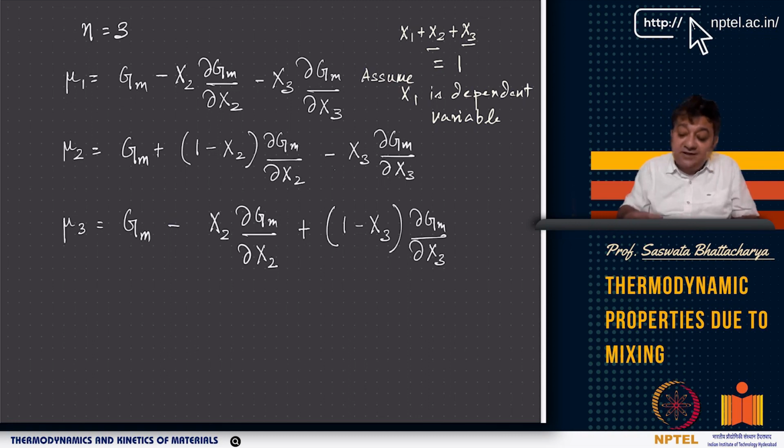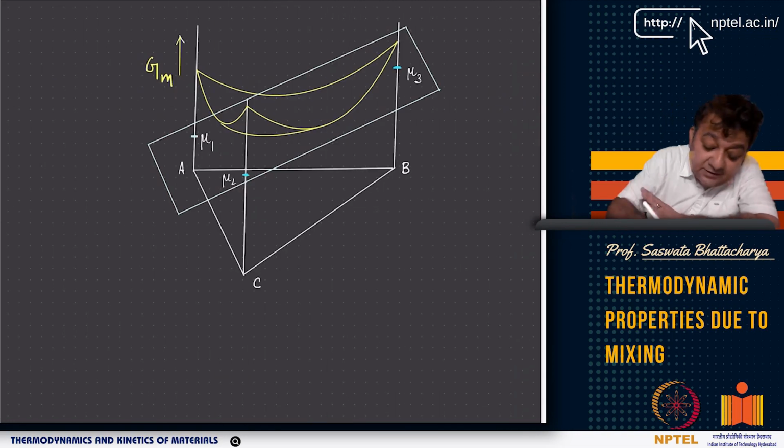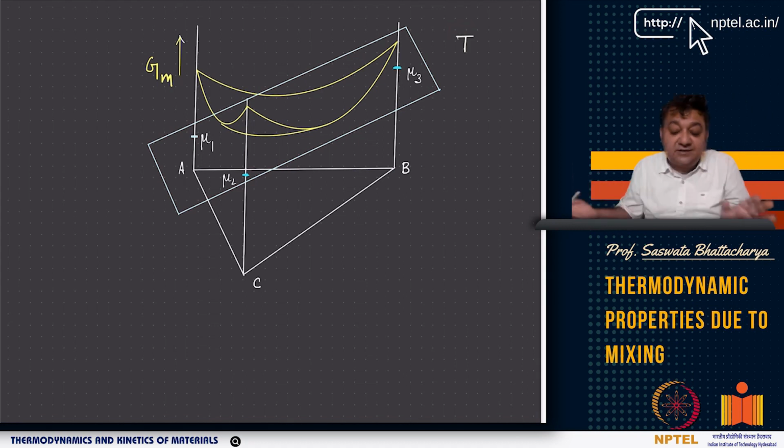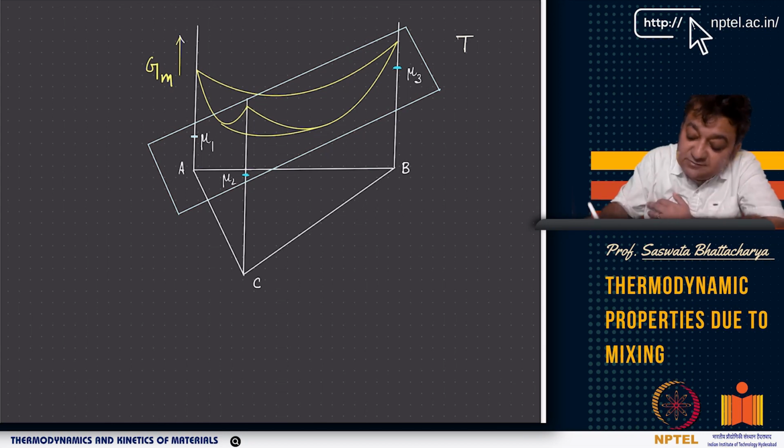These are basically the equations for the intercepts. If you look at this Q triangle for a 3 component system, you have 3 components A, B and C. This is at a fixed temperature, and this is a condensed phase. I don't care about pressure; pressure is not an axis. So GM is plotted, and GM now has become a surface.